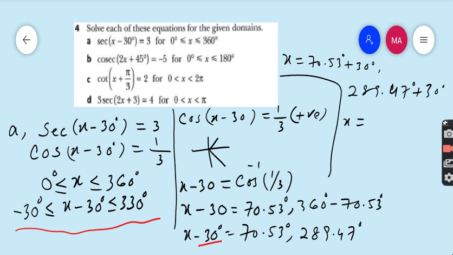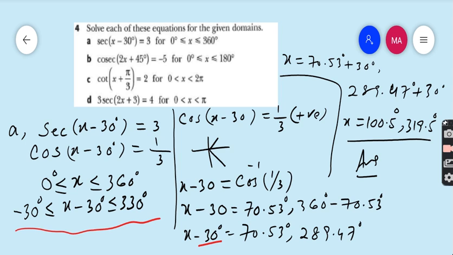Therefore x is equal to 70.53 plus 30, which is 100.5, correct to one decimal place, and 289.47 plus 30 is 319.5. These two values are our answer.